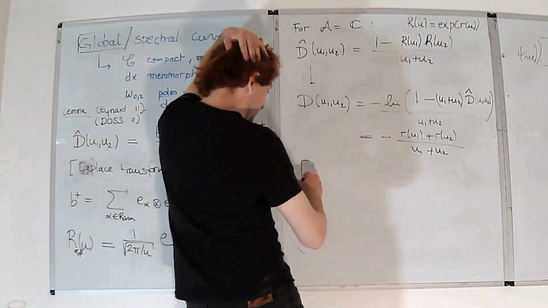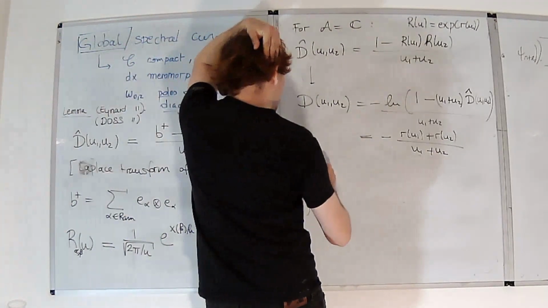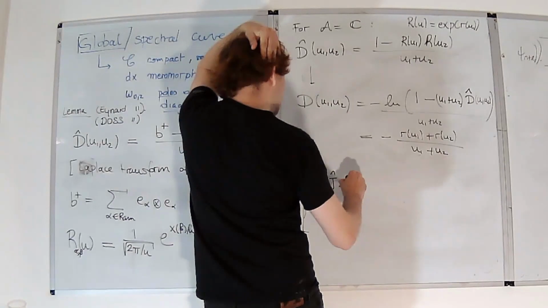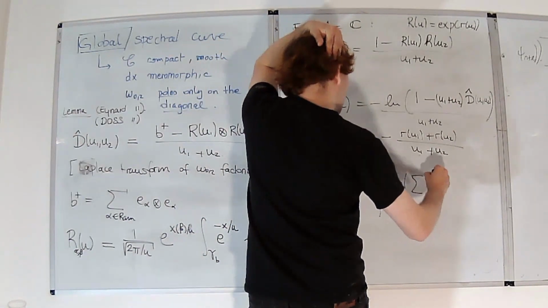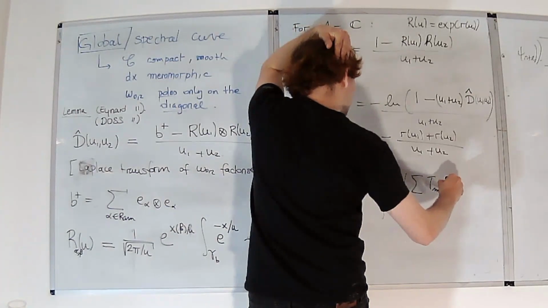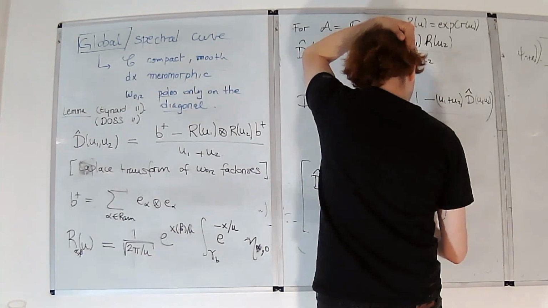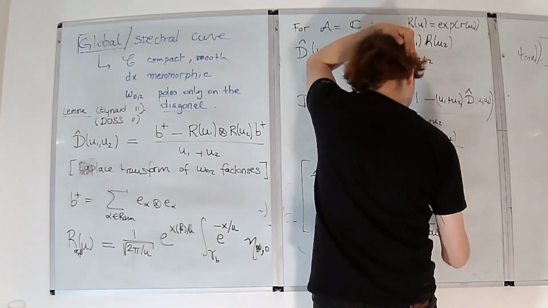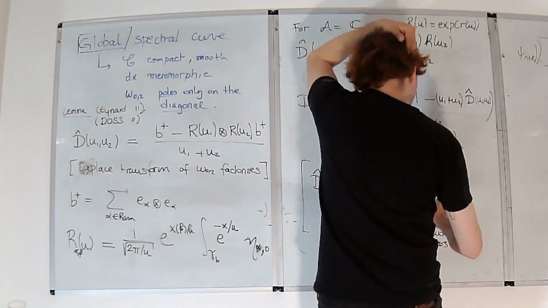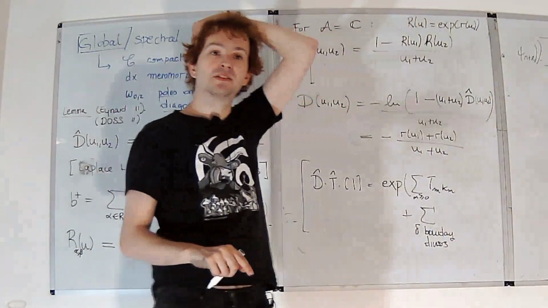So just a little reminder. What this D was used for is that when you have D hat, T hat, then we're saying we can write that as exponential of a sum of the T m kappa m, and then plus a sum over boundary divisors, and here we had this D of psi bullet and psi circle.